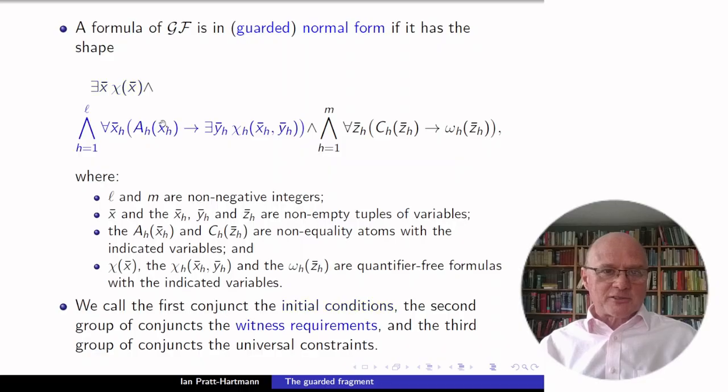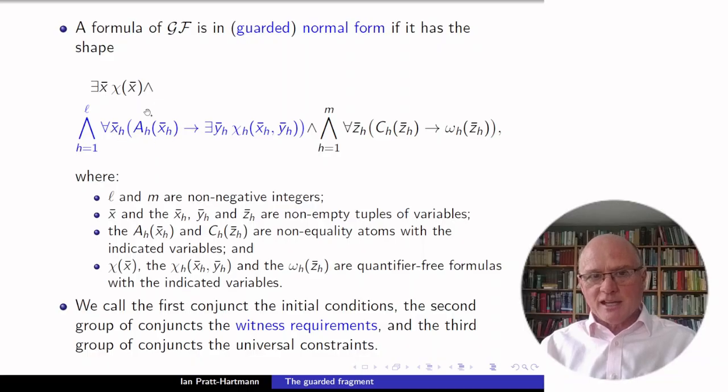Okay, let's look at the next group of conjuncts. We see here that we have these blue highlighted formulas. We have a collection of them indexed by h, where h runs from 1 to l. And the hth such conjunct has the form of universal quantification.